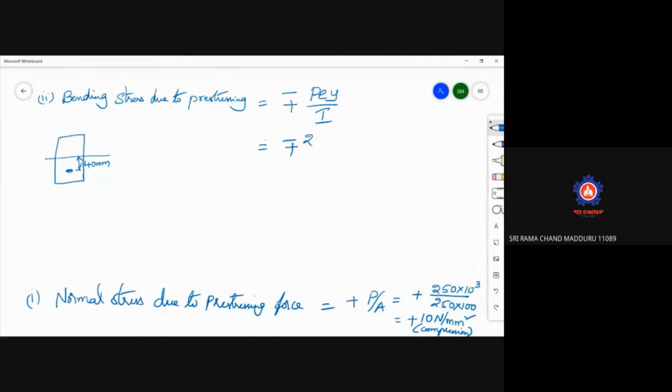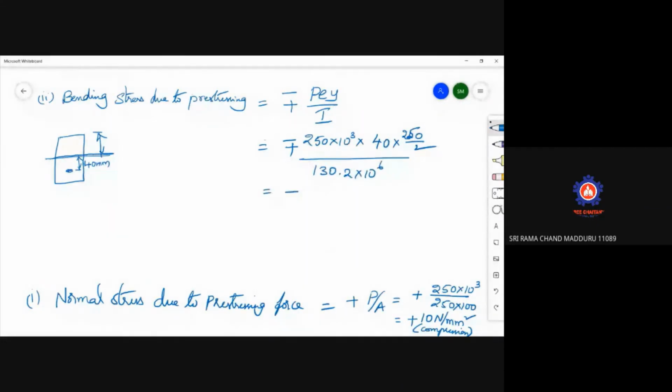So 250 into 10 cube into eccentricity, which is given as 40 mm, into Y, which is, as in Rankine's formula, from the neutral axis to the extreme top fiber. So this is 250 by 2, that is 125, by moment of inertia 130.2 into 10 power 6.